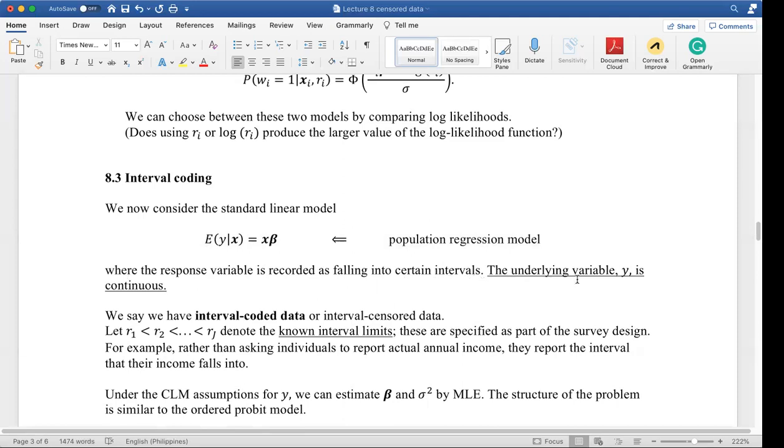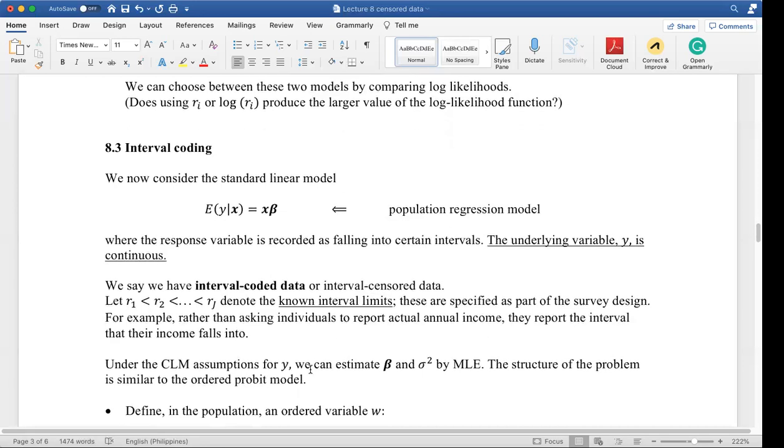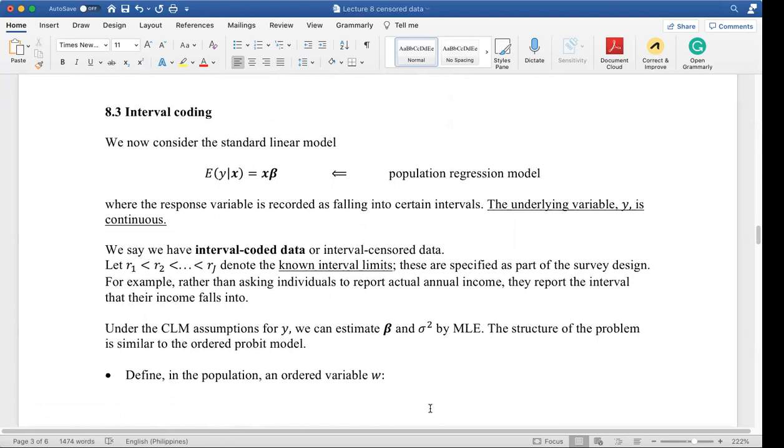However, the underlying variable Y we still assume to be continuous. Okay, so the underlying variable Y is continuous, but Y is not recorded. What is recorded would be how those Y's fall into intervals. Okay, so we have so-called interval coded data or interval censored data.